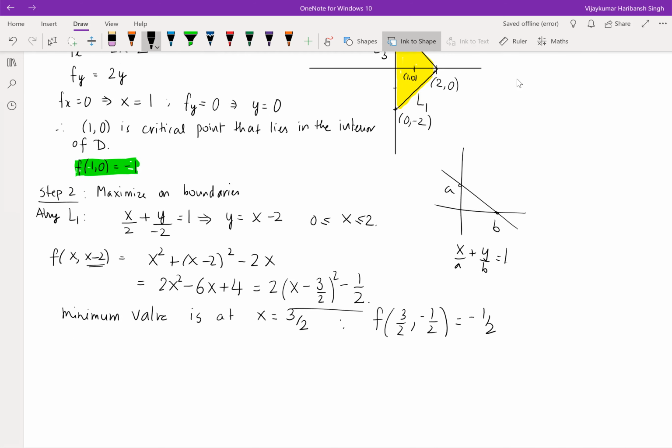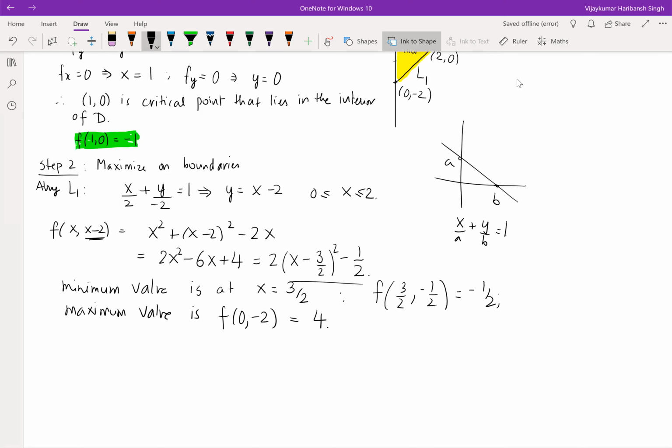And the maximum value is at the endpoint, when x is 0. When you put x equals 0, you get y equals minus 2, so f of 0, minus 2 is equal to 4. So these are the two values we'll compare.